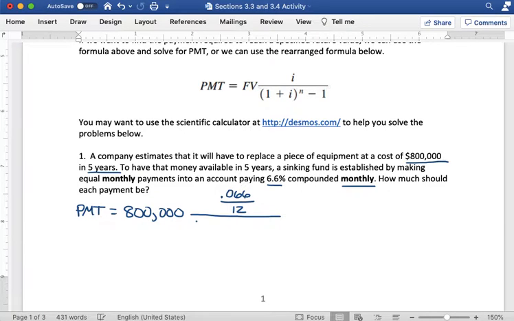And then I have the same I down here in the denominator. And then here I'm going to have for my exponent 12 times 5 because it's compounded monthly, and we are saving over 5 years. So 5 for T and 12 for M, and then I have a minus 1.